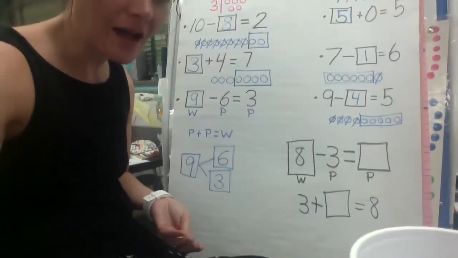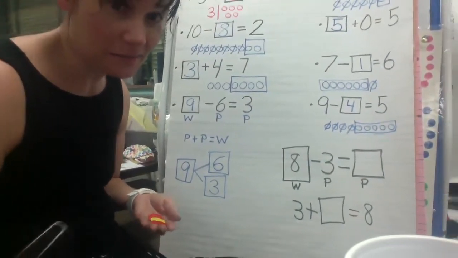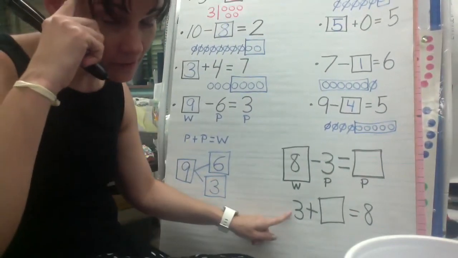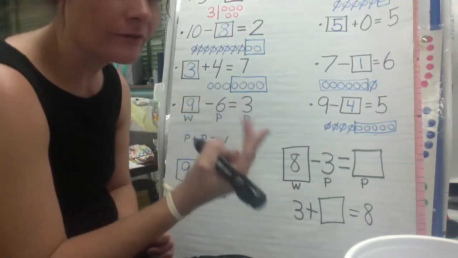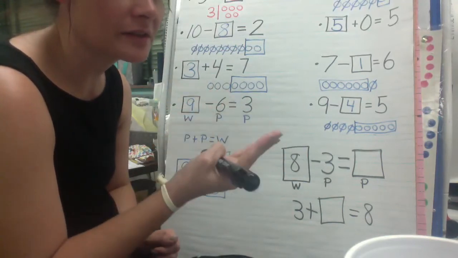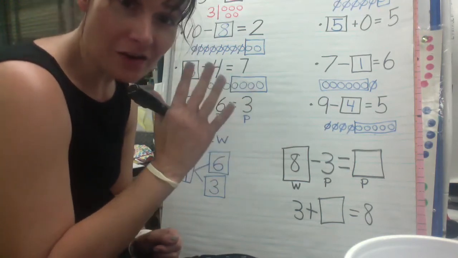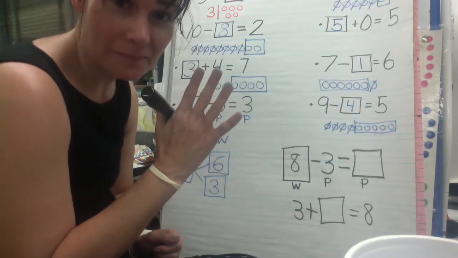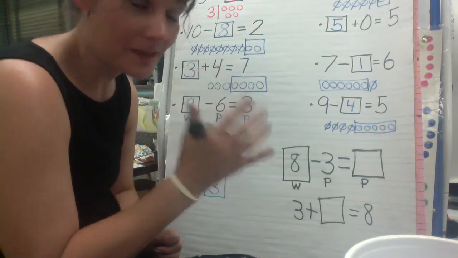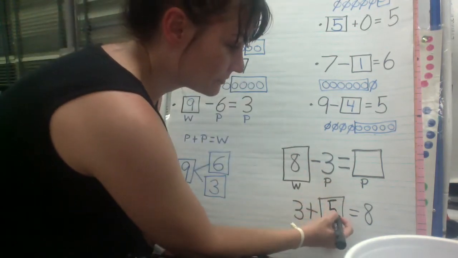I'm going to use my counting on strategy. 3, 4, 5, 6, 7, 8. So how many are still in my cup? 5.